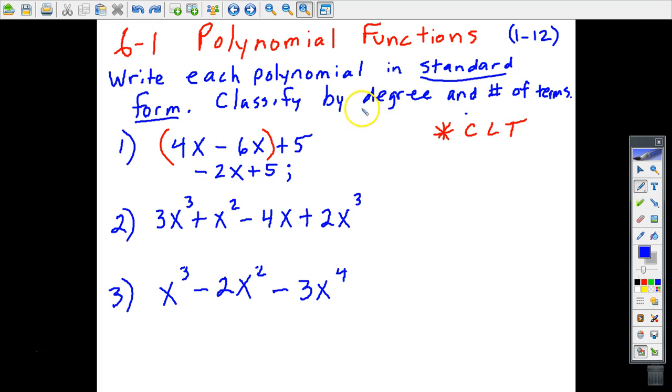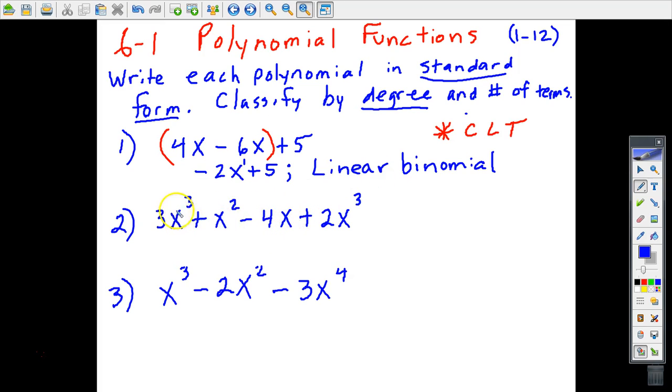Classifying by degree, once again, the highest exponent for x is 1, so that's called linear. And there are 2 terms in this expression, so to finish it off, the second name would be binomial. So: standard form, then classifying first by degree, and then by number of terms.